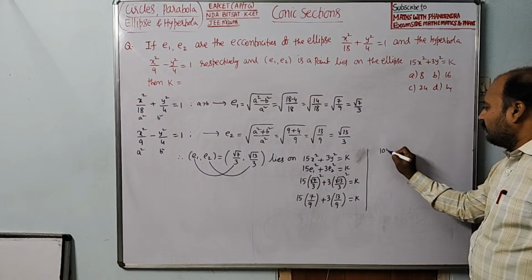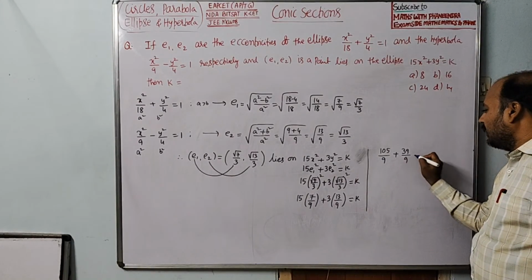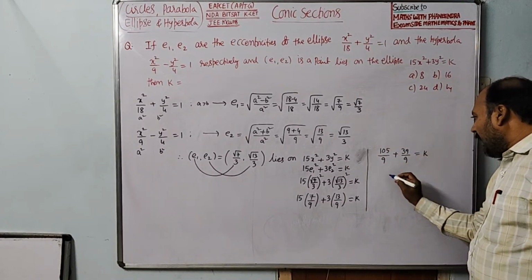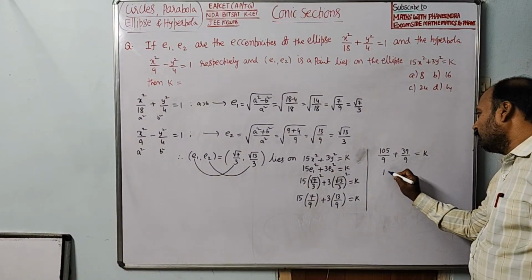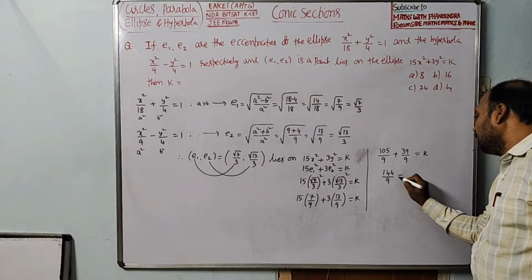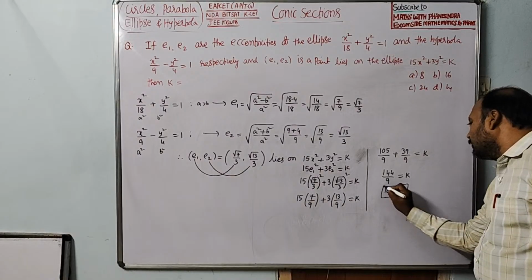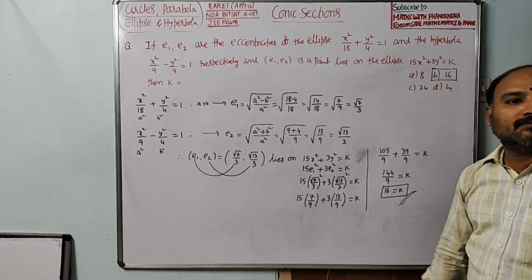So 105 divided by 9 plus 39 divided by 9 is equal to k. If you add these, 144 divided by 9 is equal to k. So 16 is equal to k. So k value is 16.